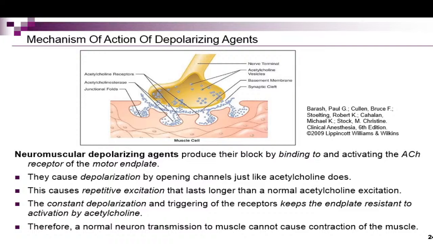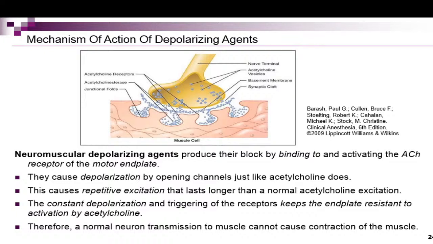Mechanism of action of the depolarizing agents. Depolarizing and non-depolarizing agents have different mechanisms of action. Neuromuscular depolarizing agents produce their block by binding to and activating the acetylcholine receptors of the motor end plate. End plate is a part of muscular fiber that touches the axon directly. This is the distal part of neuromuscular junction.